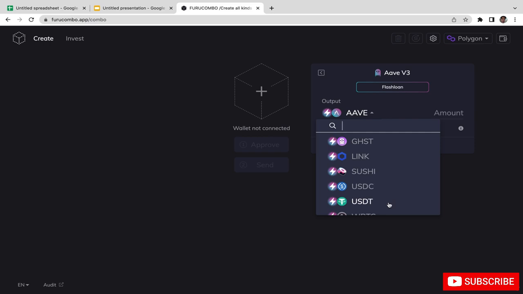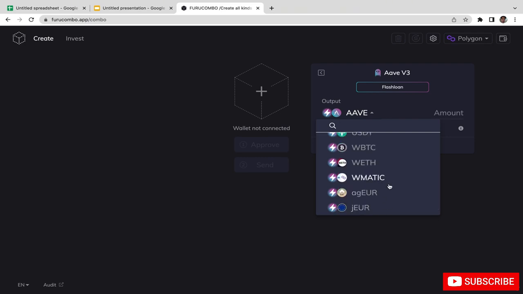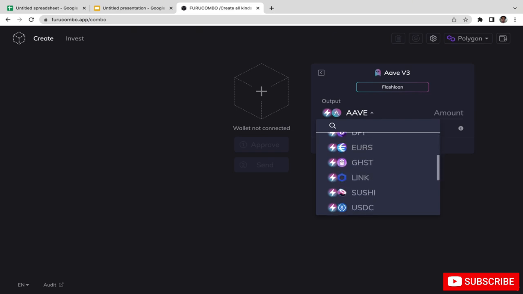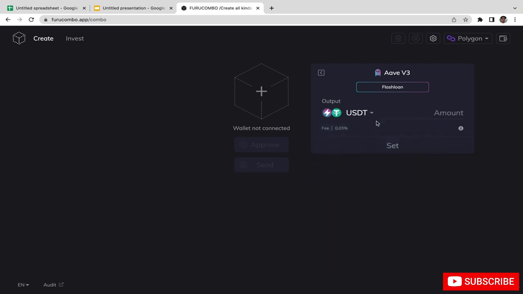A stable coin, Tether, or Chainlink, SushiSwap, Wrapped Bitcoin, or WMatic, Rep, ETH, whatever. Many options, obviously. DAI, CRV. All right, so I guess I'm gonna go with a stable coin because I feel safer going with a stable coin. So I'm going to use either USDC or USDT. Maybe I'm just gonna go with USDT. Okay, Tether. So I'm gonna borrow like 10,000 Tether here.